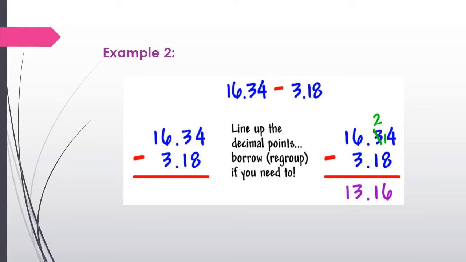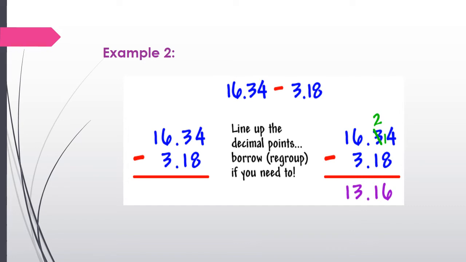4 minus 8, we can't because 4 is smaller than 8. So 4 will borrow 1 from 3. 3 will be 2 and 4 becomes 14. 14 minus 8. Put 8 in your mind and let's count up to 14 with your fingers. 8, 9, 10, 11, 12, 13, 14.